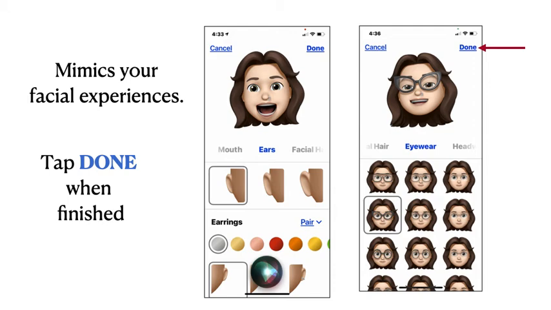And so you can see you can choose your ears, you can choose facial hair, you can choose earrings, eyewear, headwear, all sorts of things. And when you are satisfied with your Memoji, you're going to tap Done in the upper right-hand corner.